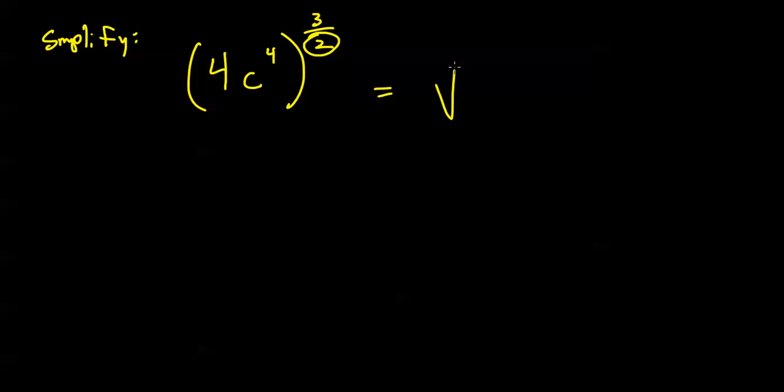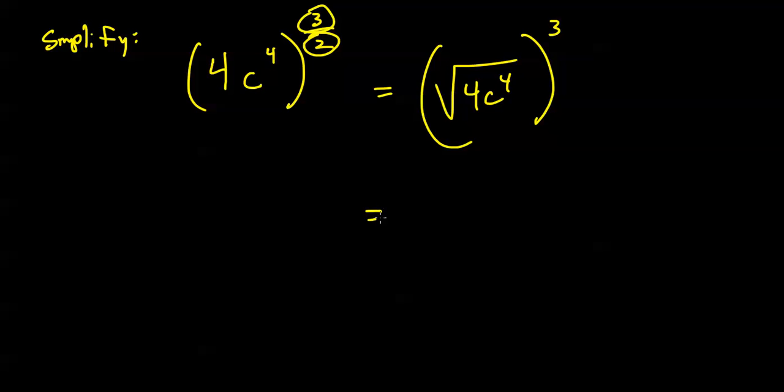Let's see if we can climb up the ladder a little here. Simplify. Here we're dealing with variable expressions raised to fractional exponents. Well, I'm still going to do it the same way. 2nd root first, the square root of 4c to the 4th, raised to the numerator power.